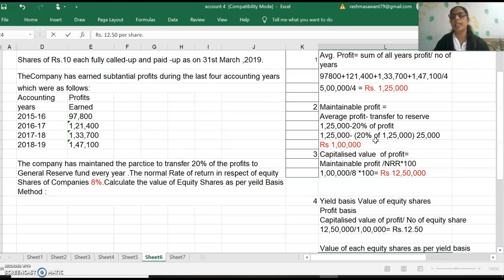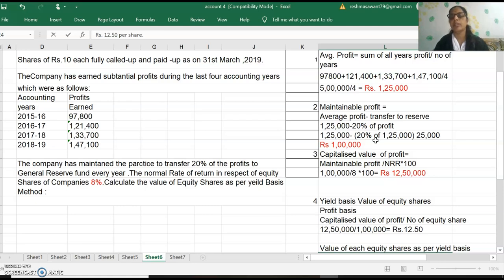Maintainable profit is calculated with the formula average profit less transfer to reserve: 1,25,000 less 20% of average profit. We are not given any particular amount; it is calculated in step number one, that is your average profit. So 20% of 1,25,000 is rupees 25,000. You get your maintainable profit: 1,25,000 minus 25,000 is rupees 1 lakh.